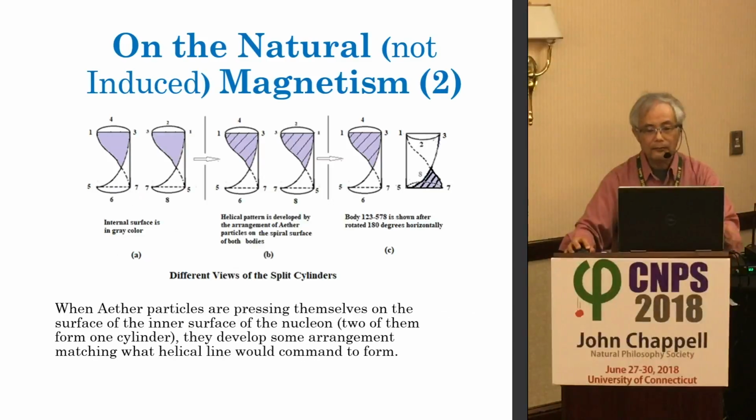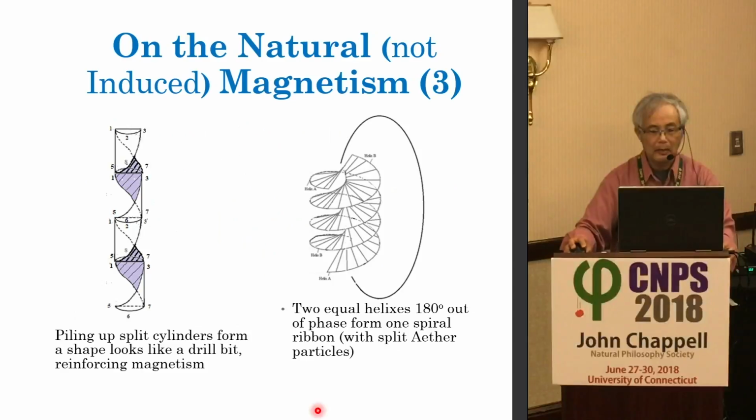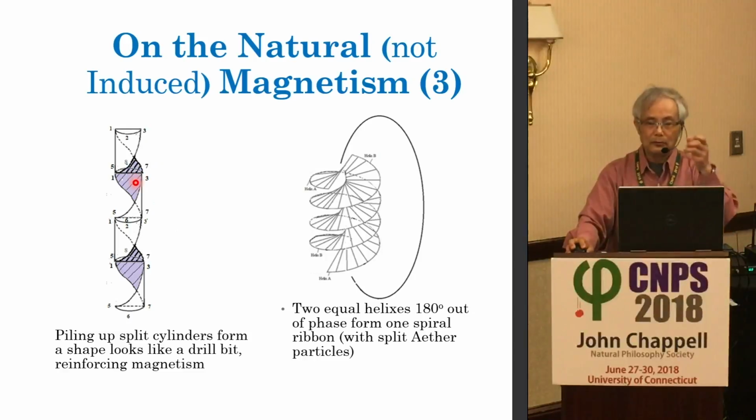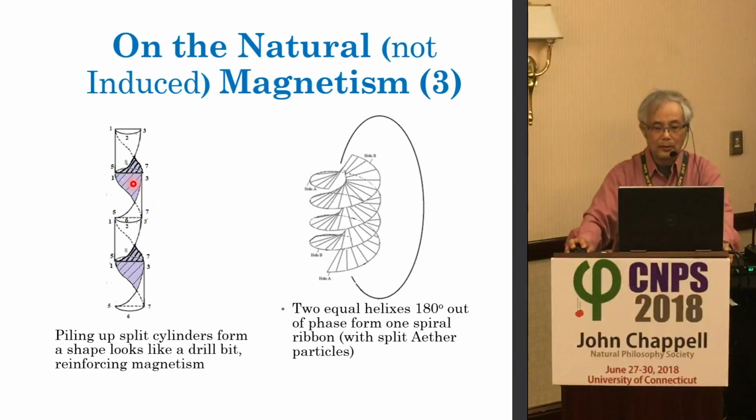And if this cylinder can line up end to end, we get a geometrical shape almost like a drill bit. And this drill bit will further reinforce the alignment of the ether particles.